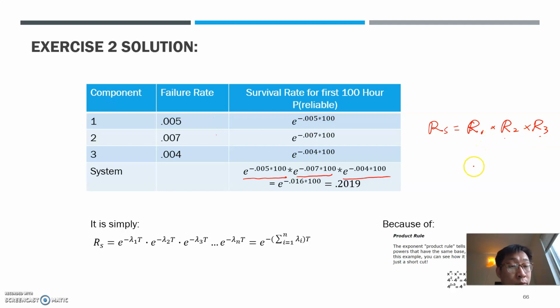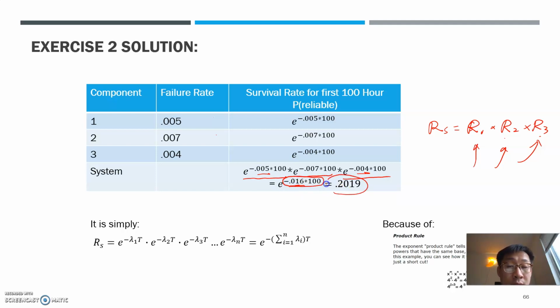If you are multiplying the reliability of all 3 components here one by one, that's what I did here. But if you look at here, in the exponential, I added these up, 0.005, 0.007, 0.004. I added them up and multiplied by 100. It suddenly becomes very simple.